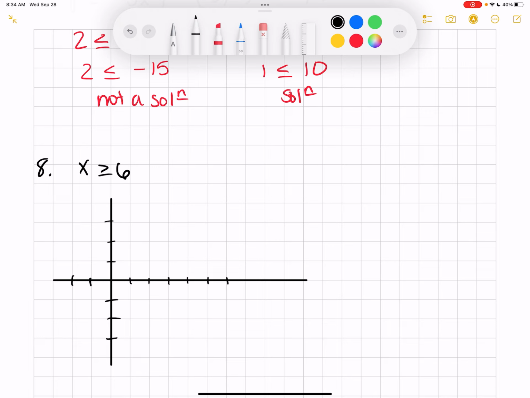That's also fine. So where would this graph be? X at 6. Yep. And is it going to be solid or dotted? Solid. So 1, 2, 3, 4, 5, 6. So solid.